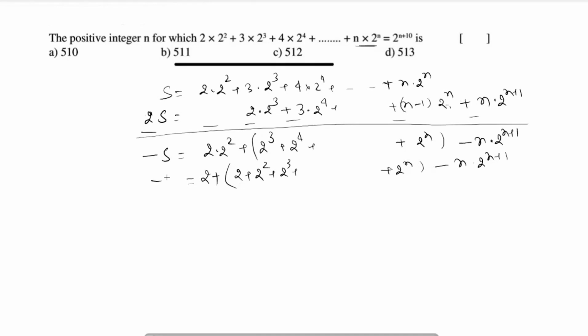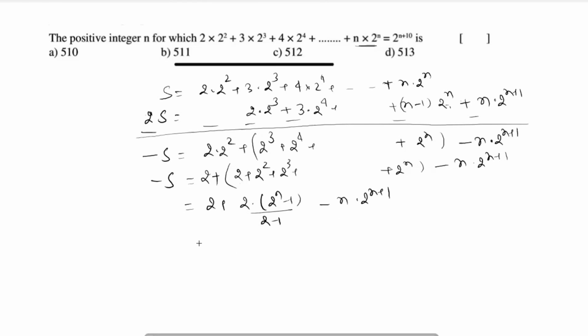So minus s. This will be 2 plus, this is just like a GP. The summation is a into r to the power n minus 1 upon r minus 1. So this is my GP, and then minus n into 2 to the power n plus 1.